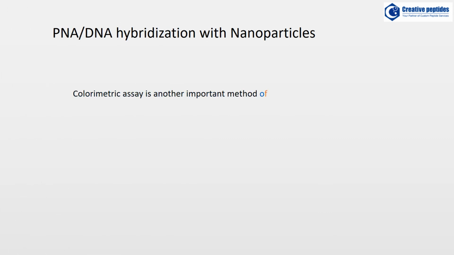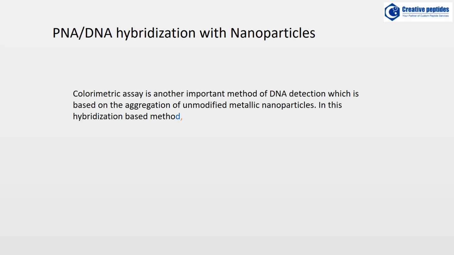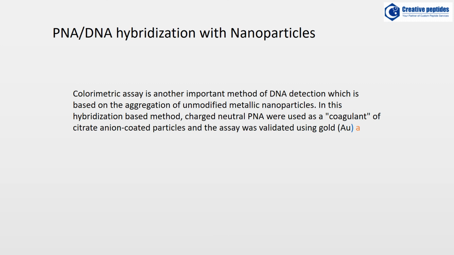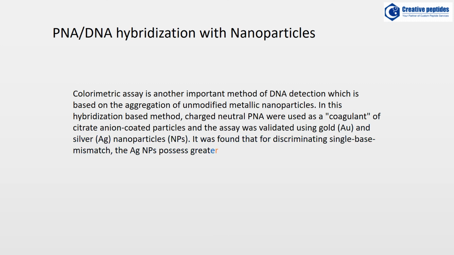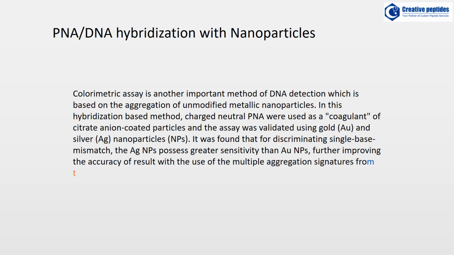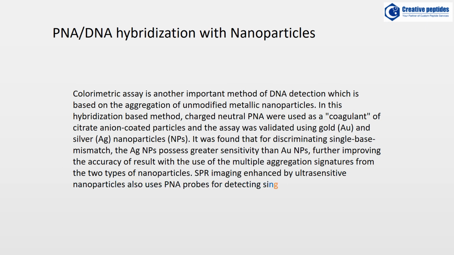Colorimetric assay is another important method of DNA detection, which is based on the aggregation of unmodified metallic nanoparticles. In this hybridization-based method, charged neutral PNA were used as a coagulant of citrate anion-coated particles, and the assay was validated using gold, Au, and silver, Ag, nanoparticles, NPs.